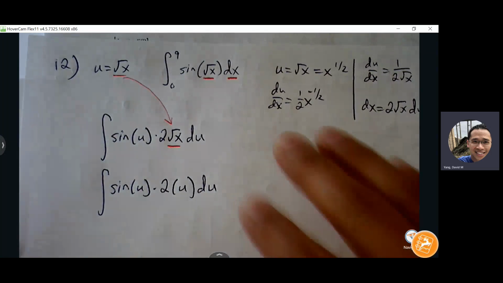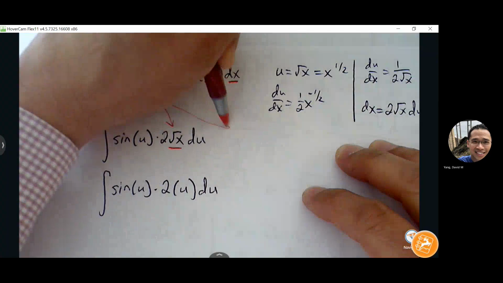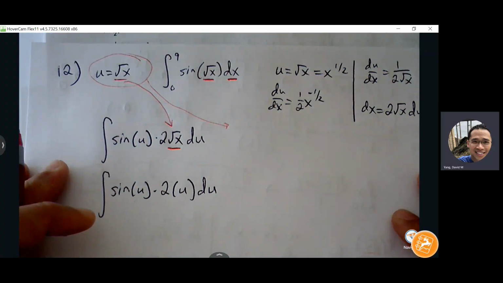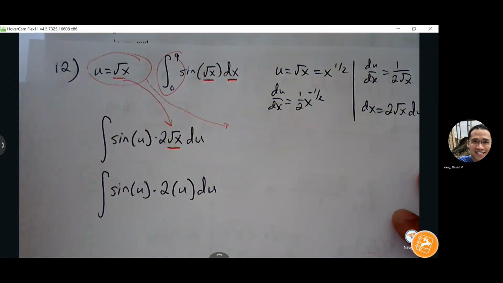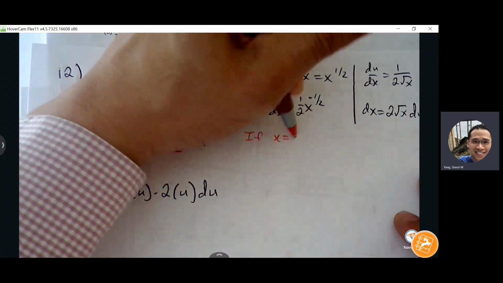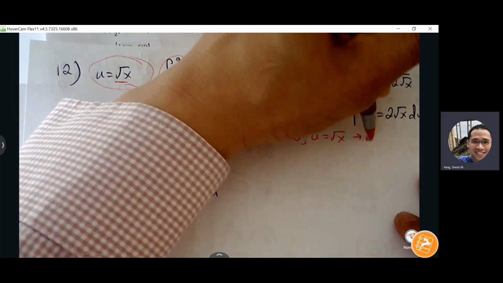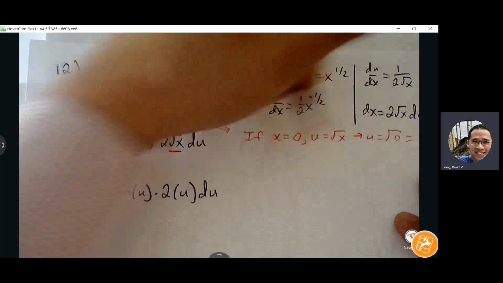So we're kind of forced to go through changing the bounds to be in terms of u. So that means our lower bound, if x is equal to 0 and our u is root x, we know that u is equal to square root of 0, which is 0.